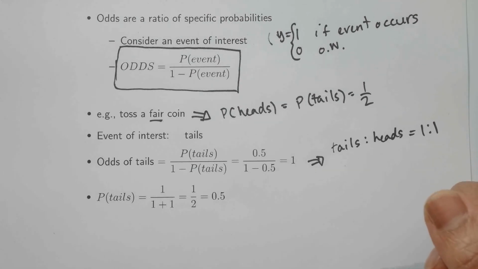Okay, so I just wanted to get your brains percolating on this idea of odds. What we're going to do is combine this idea of thinking about the odds of an event happening with regression. And this leads us to something called logistic regression.